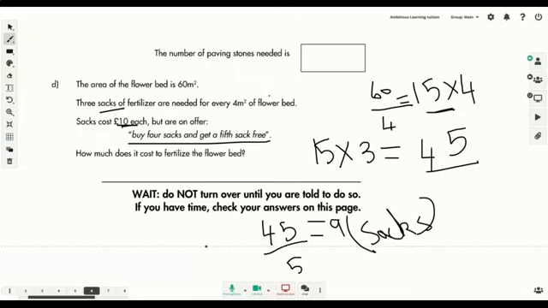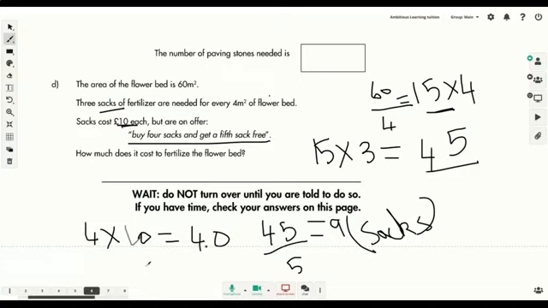In each lot of 5 sacks, 1 is free, so you need to multiply by 4. 4 multiplied by 10 is 40 per lot. That gives you 40.